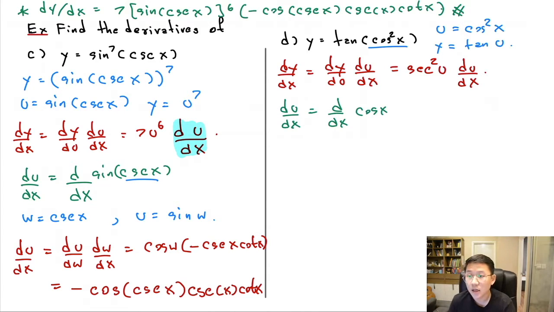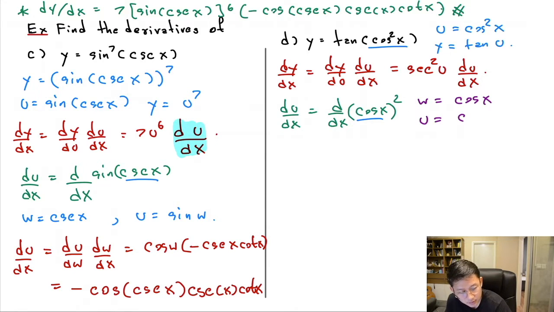Don't forget, u is cos x squared, right? So we don't know how to differentiate this guy. We know how to differentiate x squared, which is 2x. So again, guys, we let w be cos x. So u is w squared.